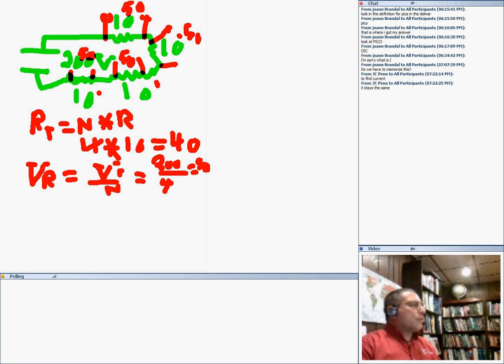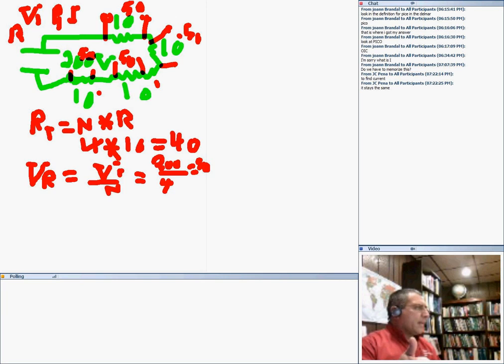And my friends, also the power consumed by each one of these resistors is the same. So if all the resistors are the same, guys, the voltage, the current, and the power are completely the same for every single one of these resistors.